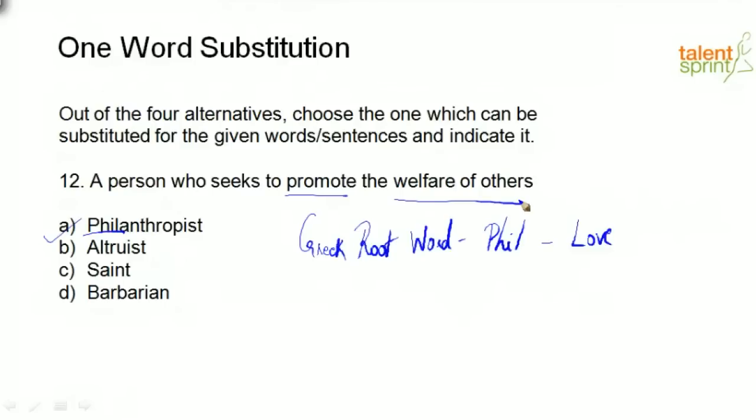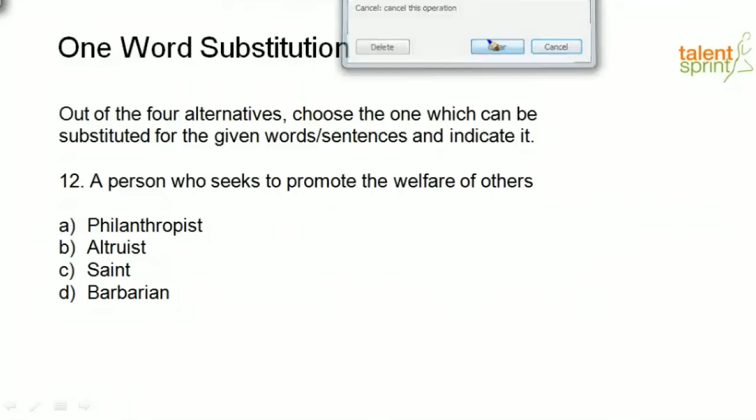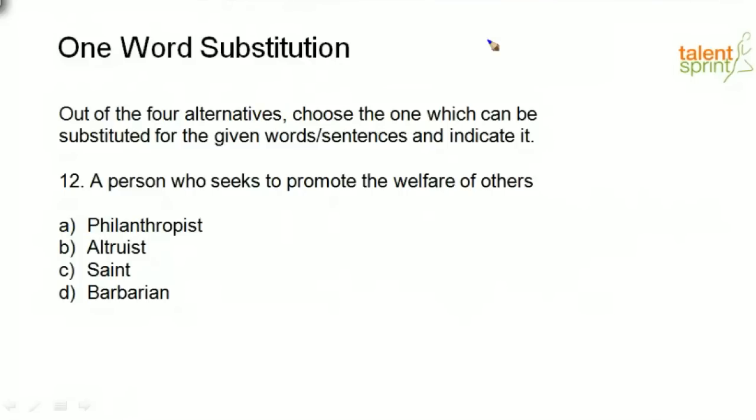So we've looked at quite a bit of root words here, right? So the idea basically is, let's quickly summarize what we've done. We looked at a couple of root words, yes, but more than that, the approach that we will take when it comes to one-word substitutions itself, in the questions that we saw today.